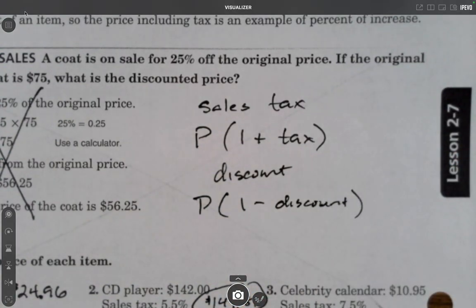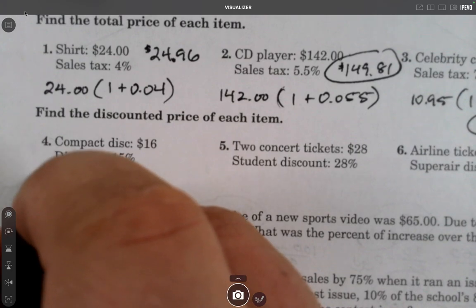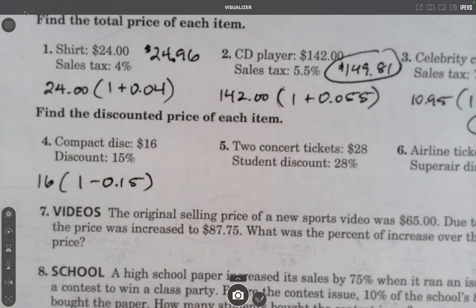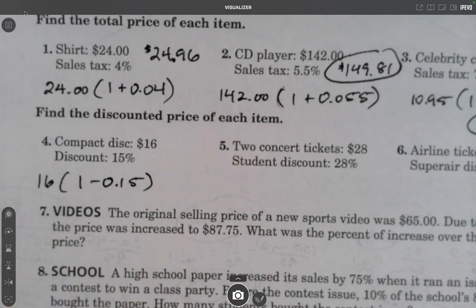So a CD, compact disc, $16. We do 1 minus 0.15 because they're taking 15% off the price.